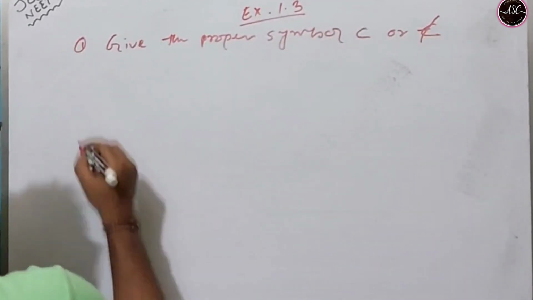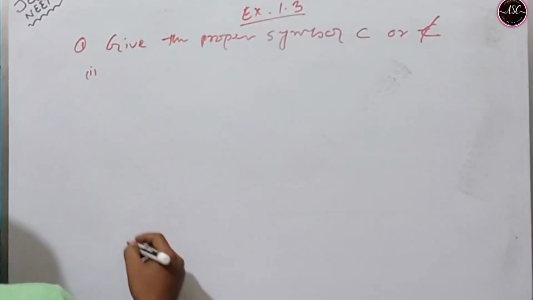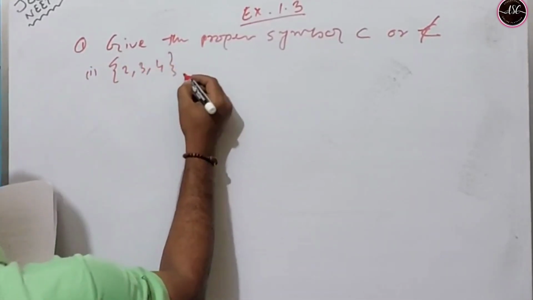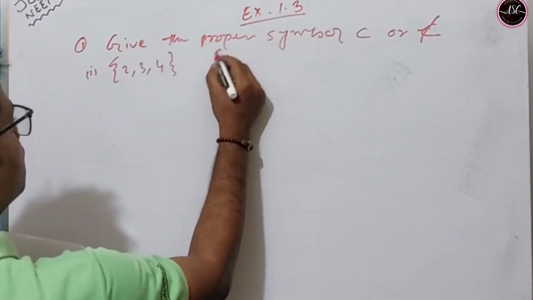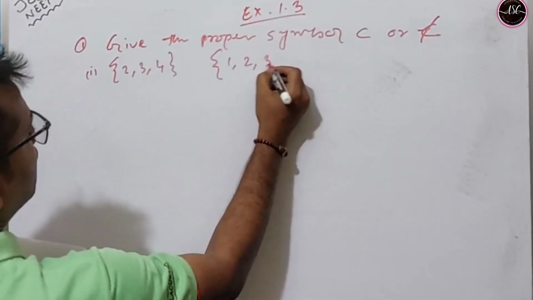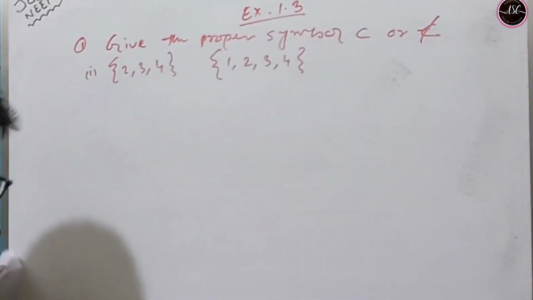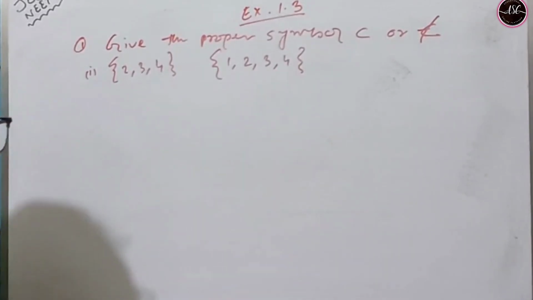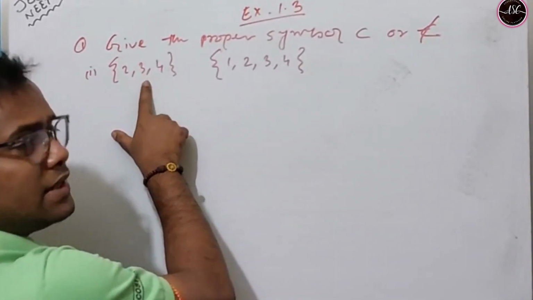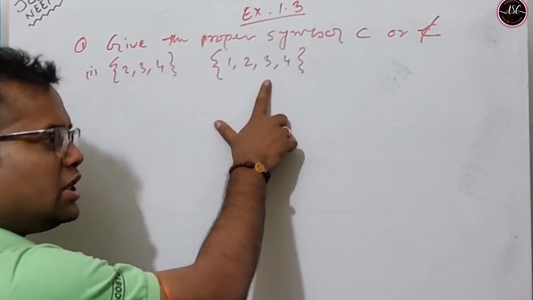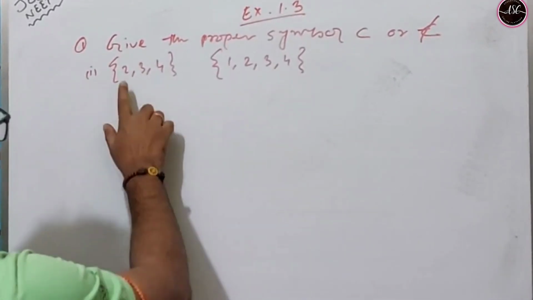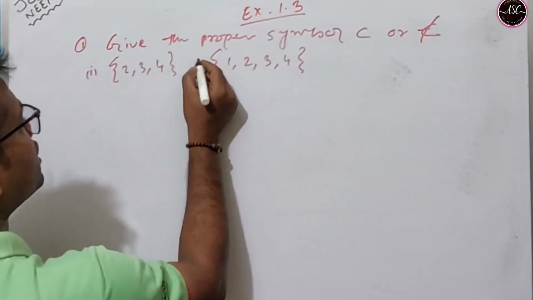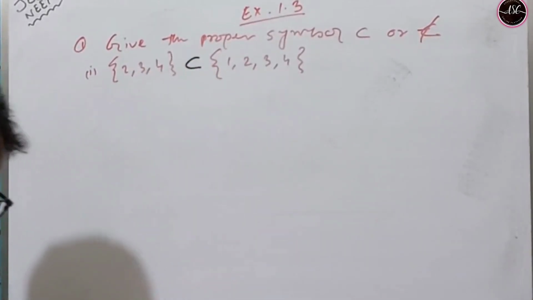Here there are two sets, {2, 3, 4} and {1, 2, 3, 4}. Is the first set a subset of the second set? Yes, obviously, 2, 3, 4 exist in the second set. So the first set is a subset of the second set.